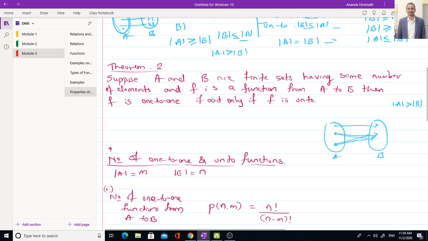Okay. Now the second theorem: suppose A and B are finite sets having the same number of elements.